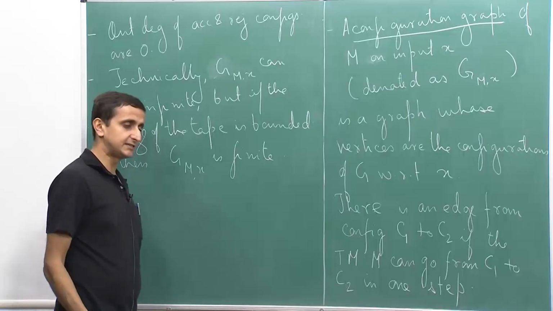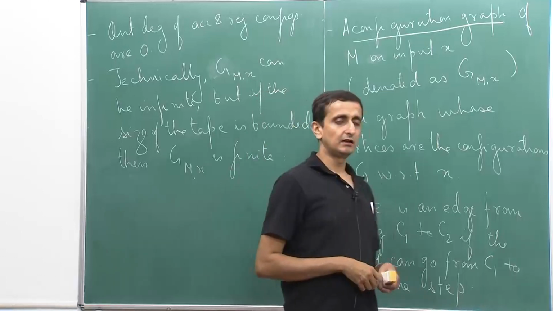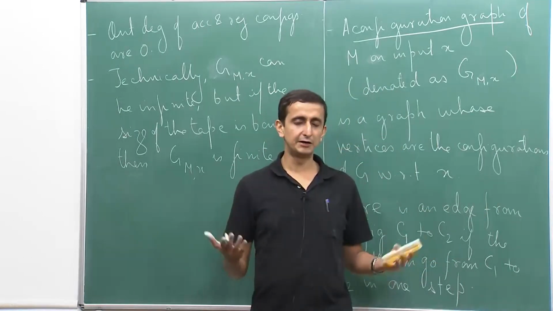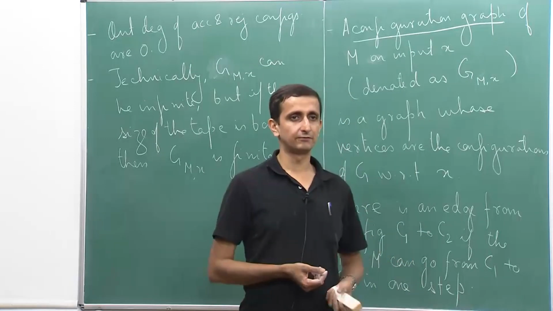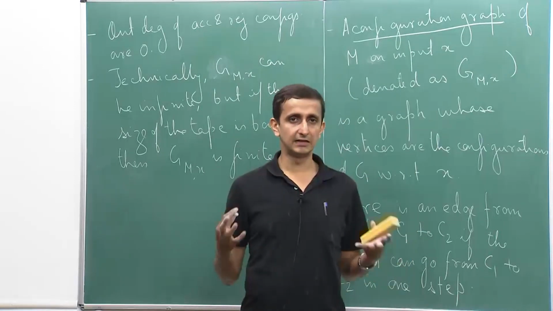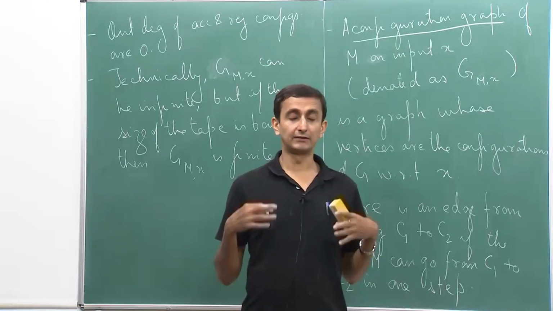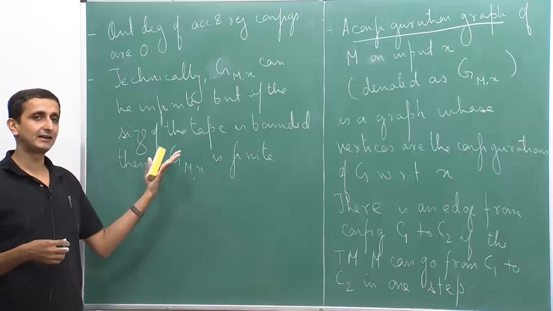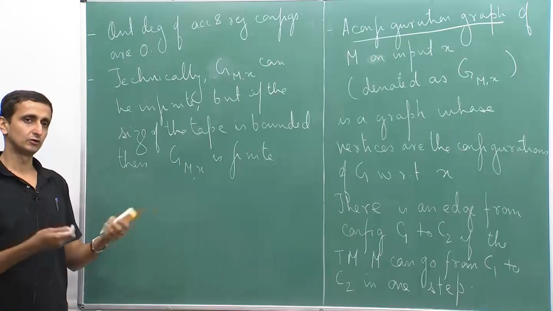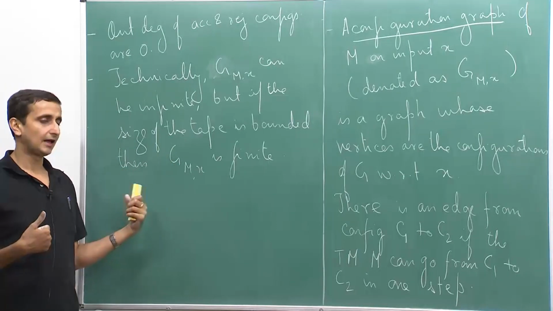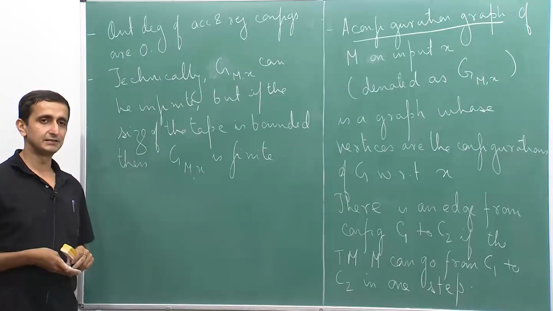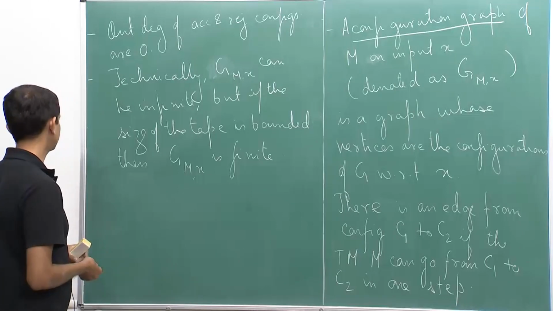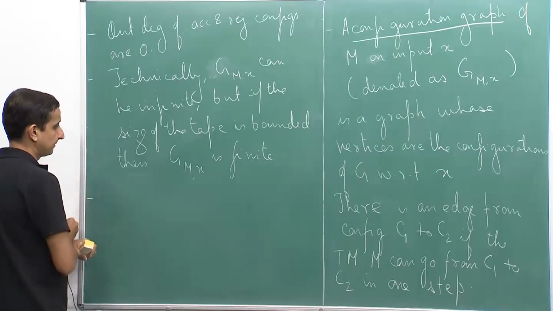Suppose we say that you can only access the first 100 cells of the tape, or, if you have an input of size n, you can only access the first n square cells of the tape. Then there are only finitely many possibilities for those n square cells, and hence the size of GMX is also bounded. It becomes a finite graph.